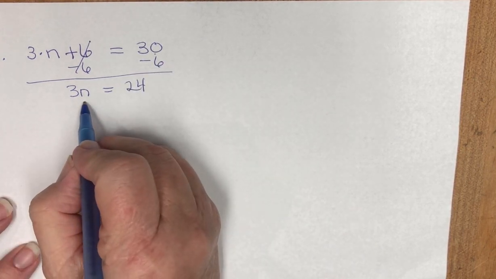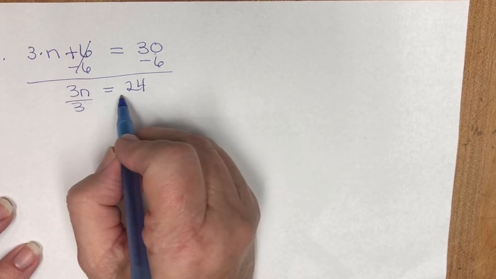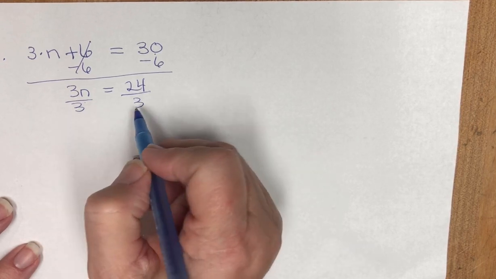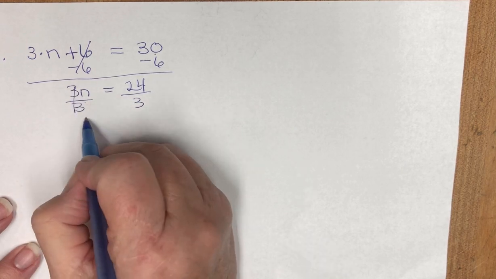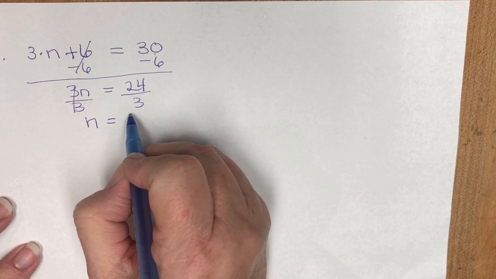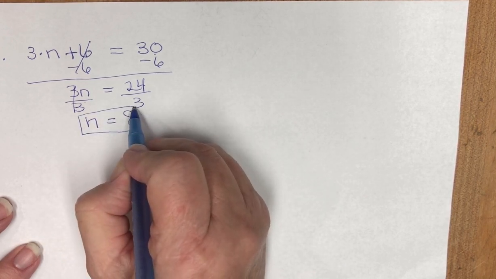Now you have to isolate n by division. 3 divided by 3 and 24 divided by 3. You do the same thing on both sides of the equal sign. So this now becomes 1, and n is isolated. 24 divided by 3 is 8. So now we know that our answer is 8.